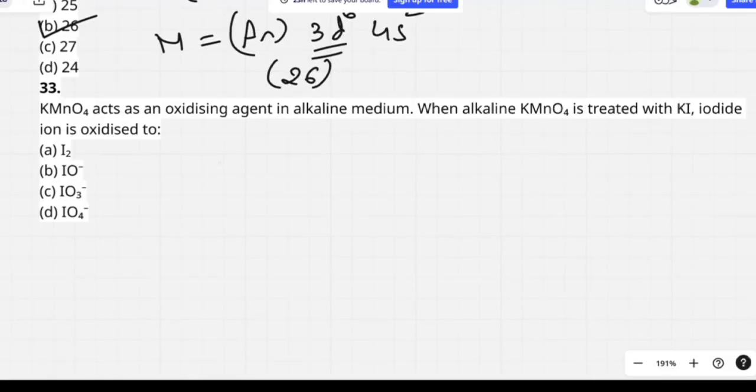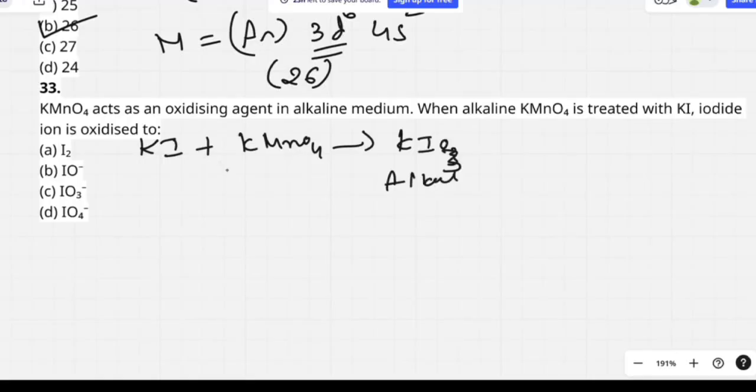Here, potassium iodide treated with alkaline KMnO4 is converted into potassium iodate, KIO3, in basic or alkaline medium. So option C is correct.